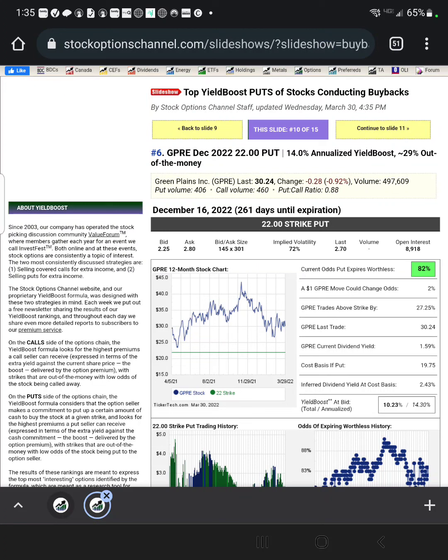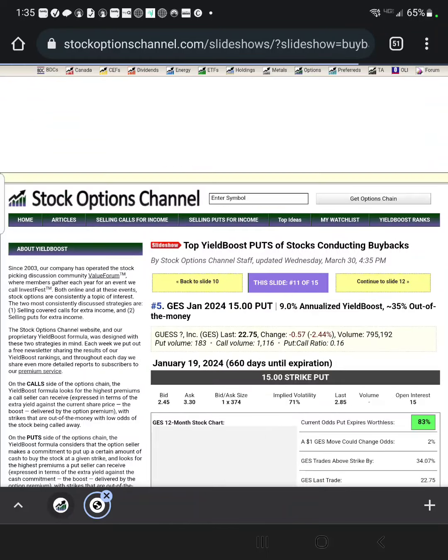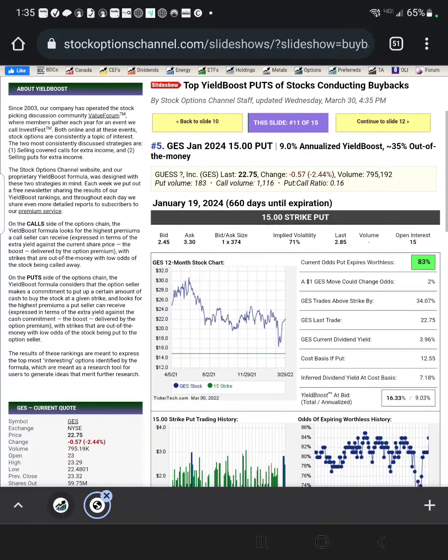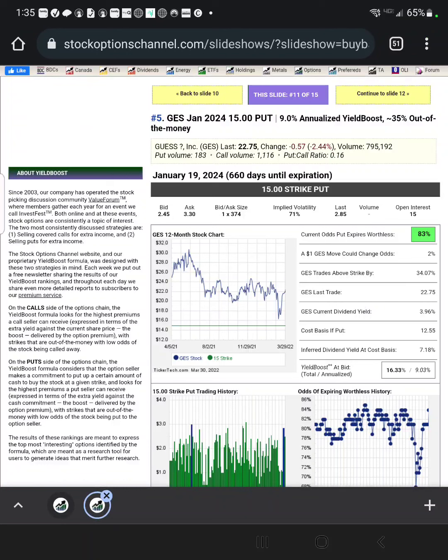And what do you know? Implied volatility. Like I was saying earlier, the higher this is, the more premium you're going to get because there's greater unknown if the stock is going to go this way or if it's going to go this way. But I also want you to notice something on here.